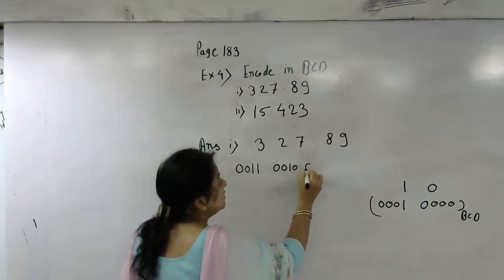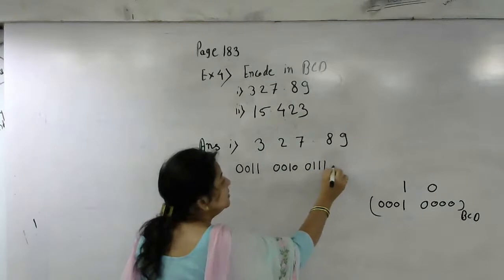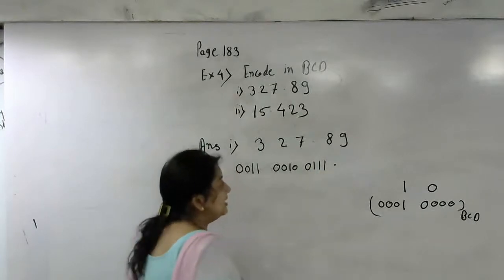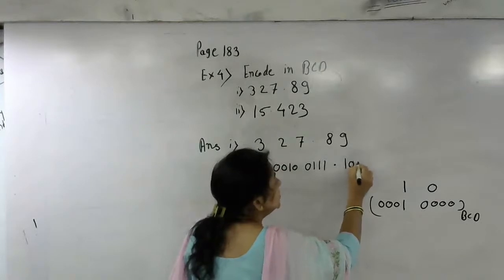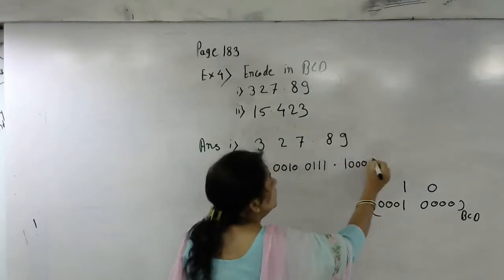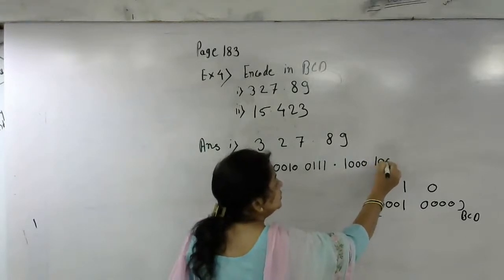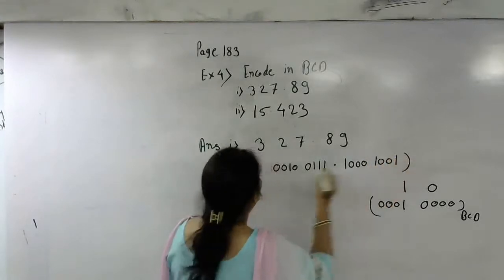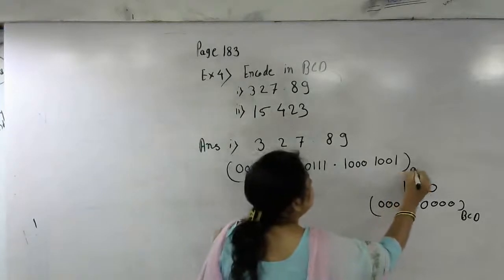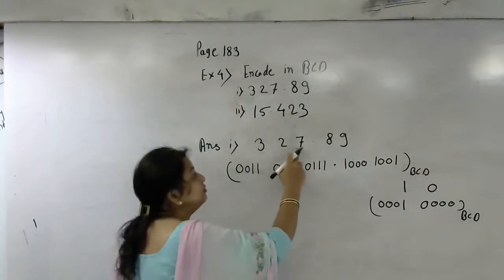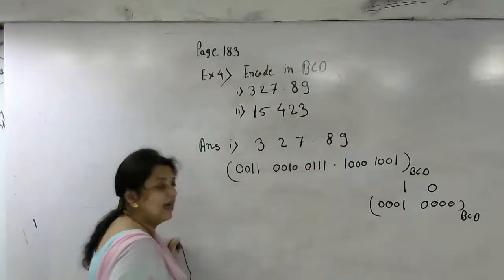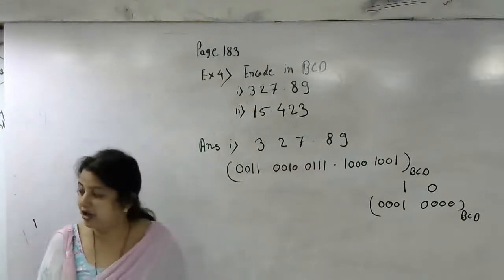So what about 7? 0 1 1 1. Decimal point as it is. In place of 8, we write 4 bits 1 0 0 0, and for 9, 1 0 0 1. This is the equivalent BCD code for this decimal number 327.89. Okay, agree all of you?